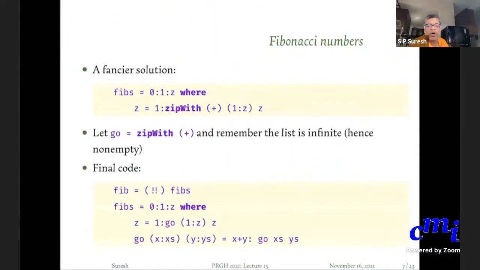So this is my final code where everything has been explicitly defined. Fib is the double bang operator applied on fibs. Fibs is 0:1:z, where z is 1 colon go of 1 colon z and z, where go of x colon xs and y colon ys is x plus y followed by go xs ys. Let me just install this definition.